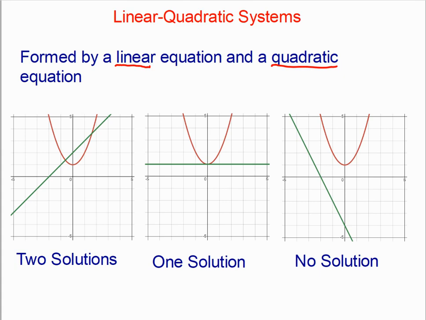And when we look at their solutions, there are three possibilities. They can have two solutions, one solution, or no solution. Two solutions means our graphs cross at two places. One solution, they touch at one place, and no solution where they just never cross at all.